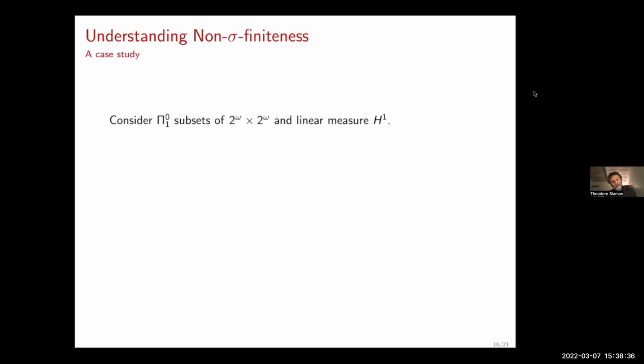So I'm going to look at the unit square, but look at it in Cantor space. And let's also just look at linear measure, so we don't have to get into strange rates of growth for gauge functions. We'll just look at this canonical example.